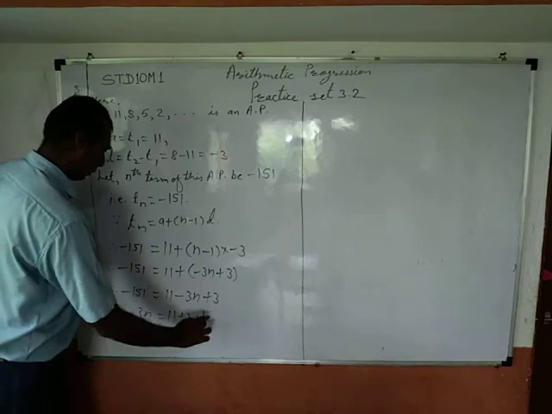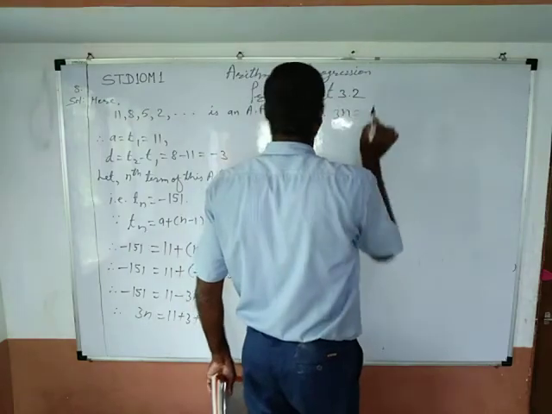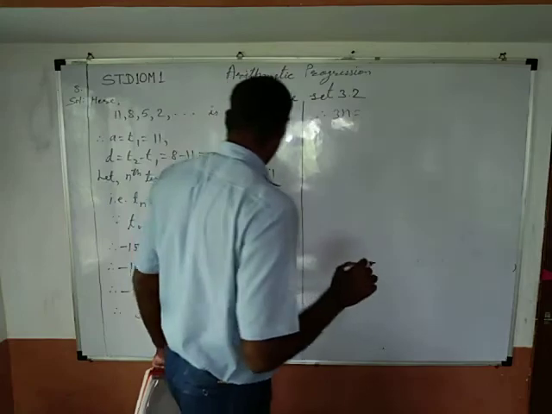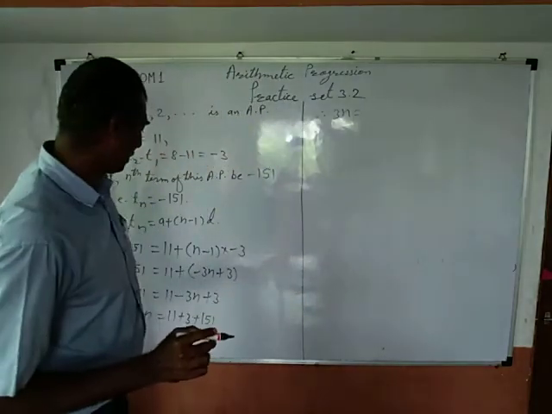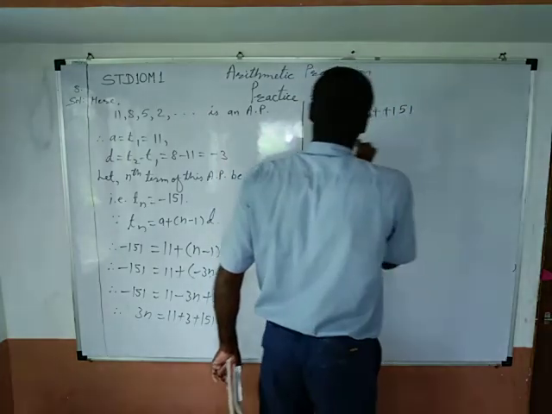plus 151, and therefore 3n equals 11 plus 3 is 14, and 14 plus 151.